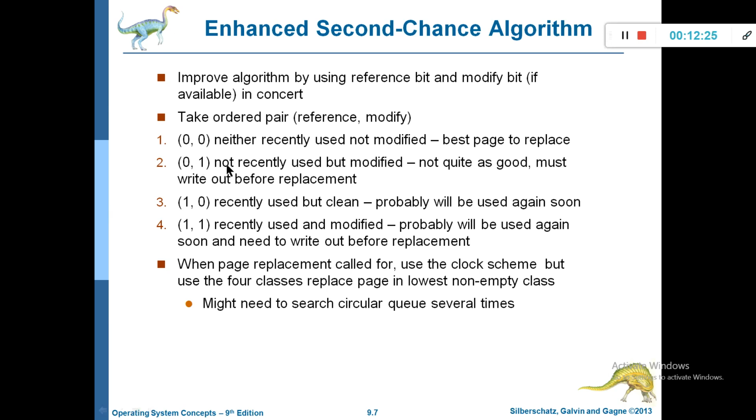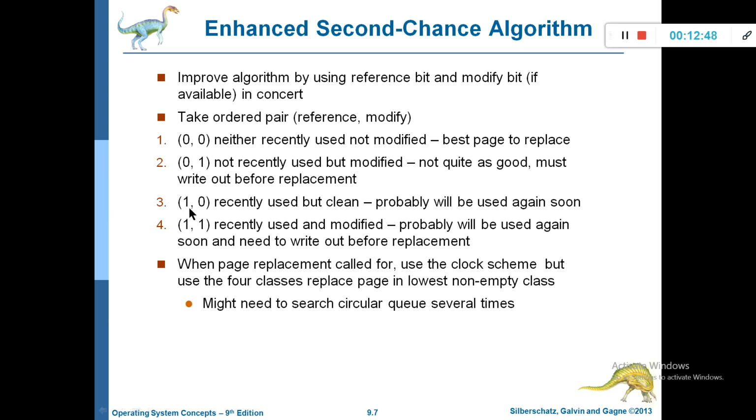This is a victim page because it is not at all used and not at all modified. Next is 0 1: not recently used but modified. Not quite as good, it must be written out before replacement, because we have modified the content of the page, so it requires some time to swap out. Before swapping out to the disk or the backing store, we have to write the contents to the disk.